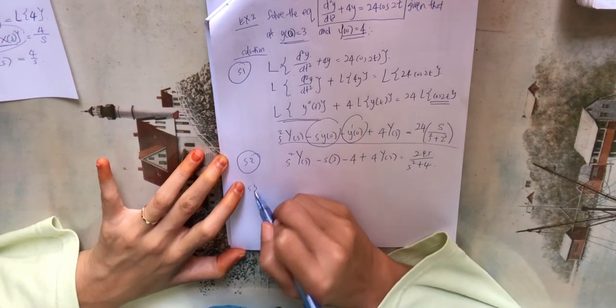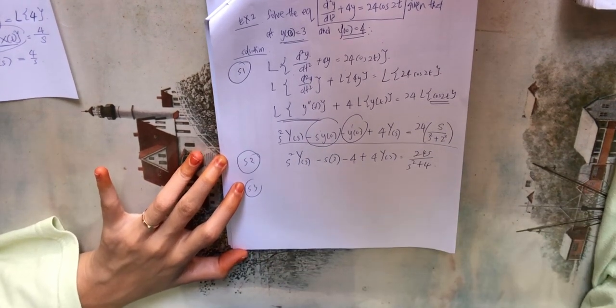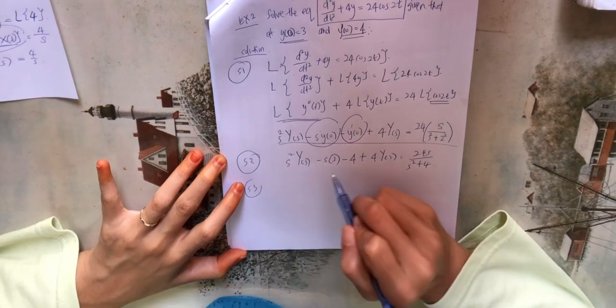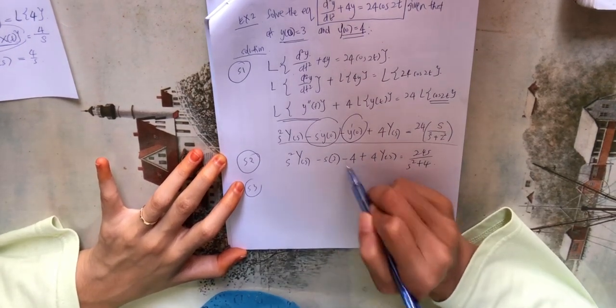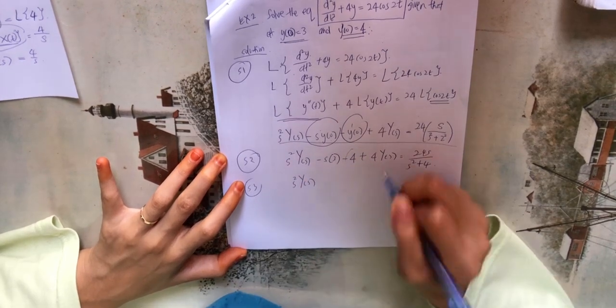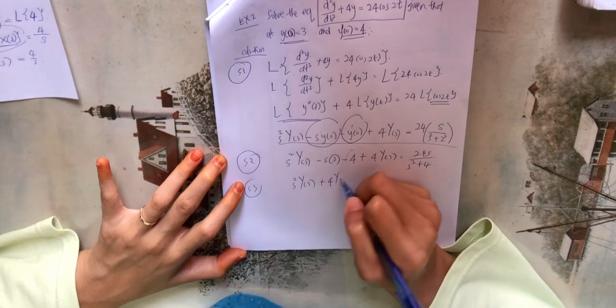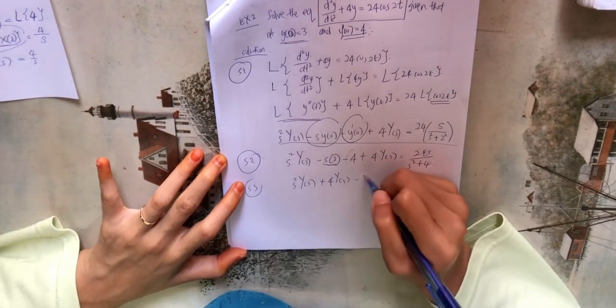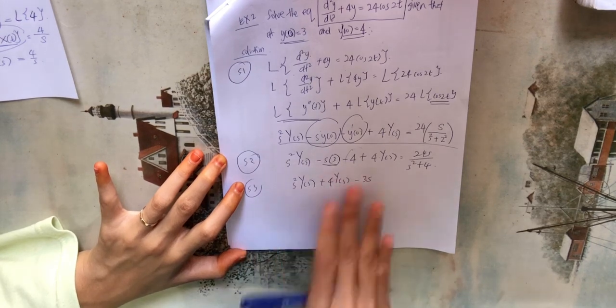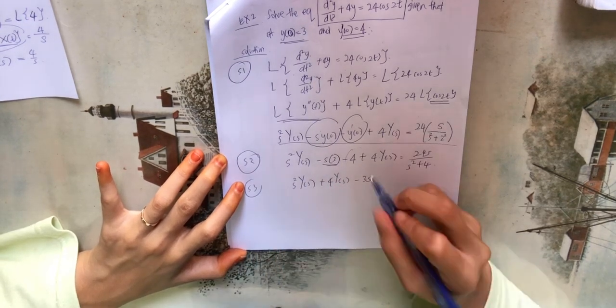So step number 3, you need to rearrange your Y(s). So this is Y(s), this is Y(s), this is constant here. So s square Y(s) plus 4Y(s) minus 3s. 3s must be this side, because they have s here.